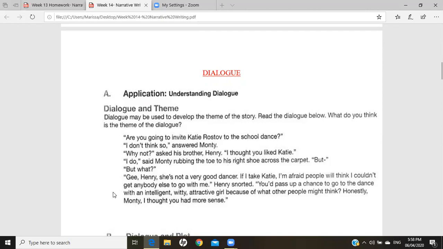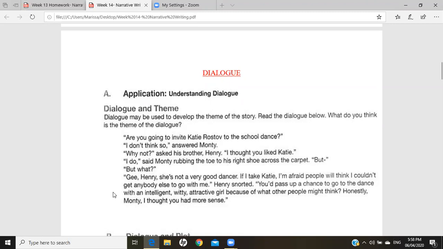So they're trying to figure out if Monty would ask Katie to the dance. And Monty is giving us his reason as to why he thinks he shouldn't ask Katie to the dance, because she's not a good dancer and he's afraid of what people would say. So what do you think is the main idea of this extract?